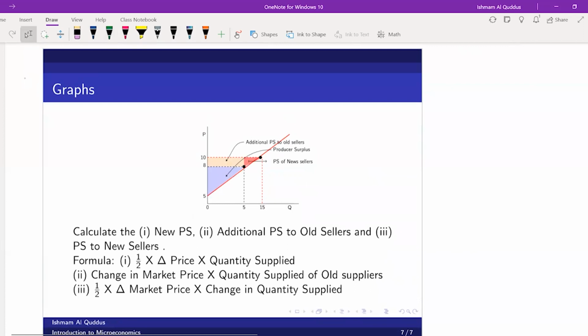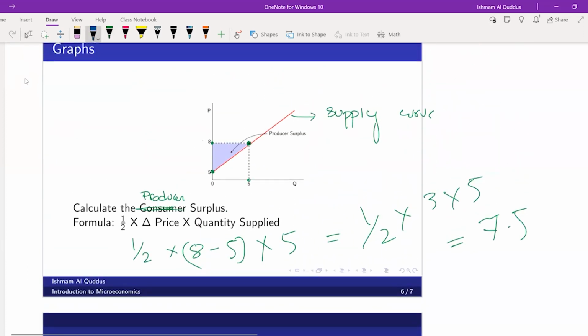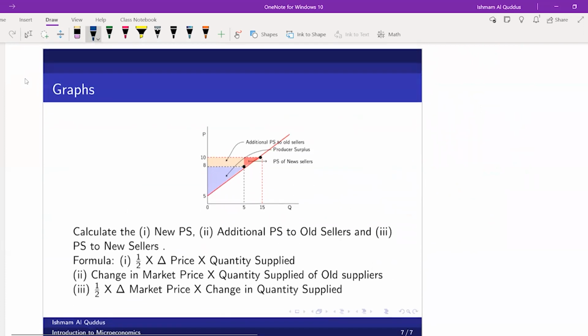Now, suppose the price for some reason increases in the market. Remember from the law of supply that if the price increases, there will be a higher quantity supplied, because we have already discussed the positive relationship between the price and the quantity supplied.